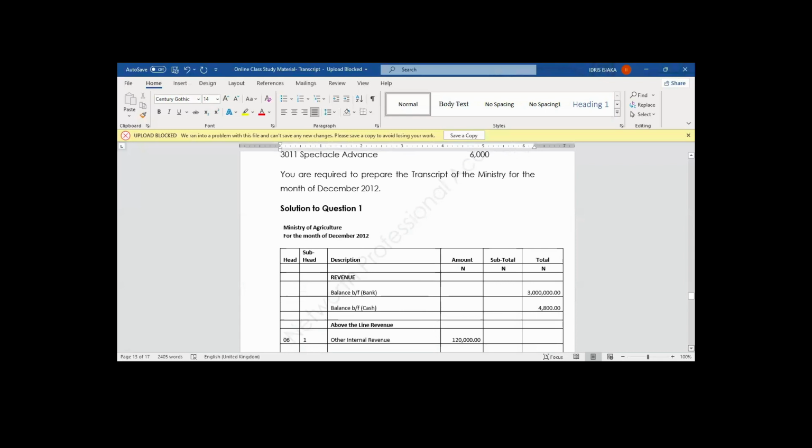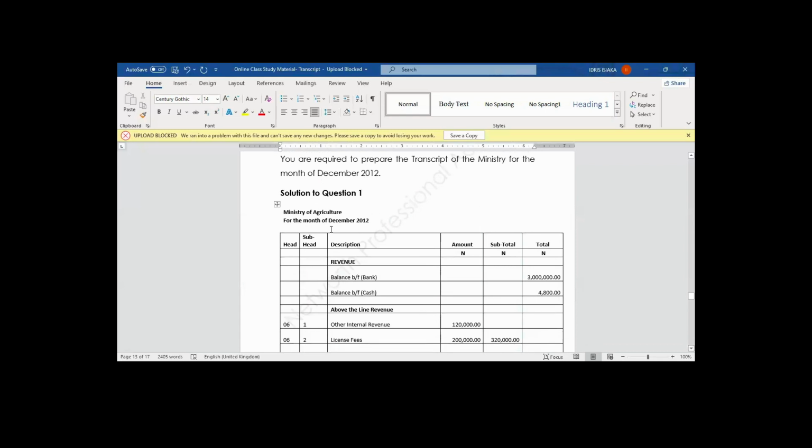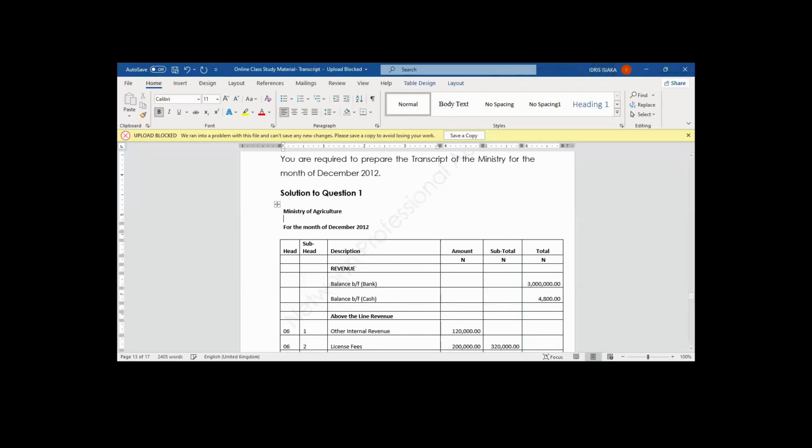So how do we prepare the transcript? The heading: Ministry of Agriculture, transcript for the month of December 2012.